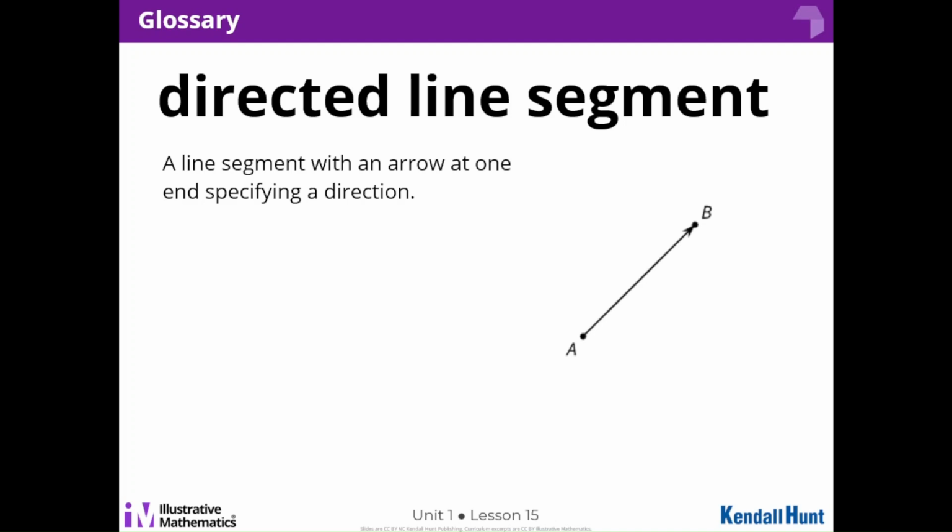Here we add an arrow on one end of the line segment to specify which direction it's going in. If I just had line segment AB, we don't really know which direction that line is going. But here, by having that arrow down towards point B, we know that this line segment is going from point A to point B.